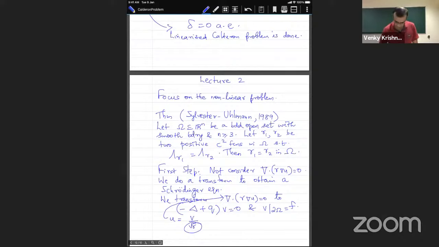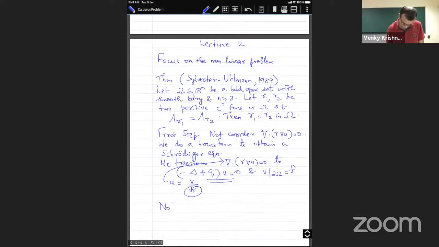Just go through the set of calculations, and then you will get the following equation, where this Q is, note that, Q is equal to Laplacian of root gamma by root gamma. Okay, so that's one thing.